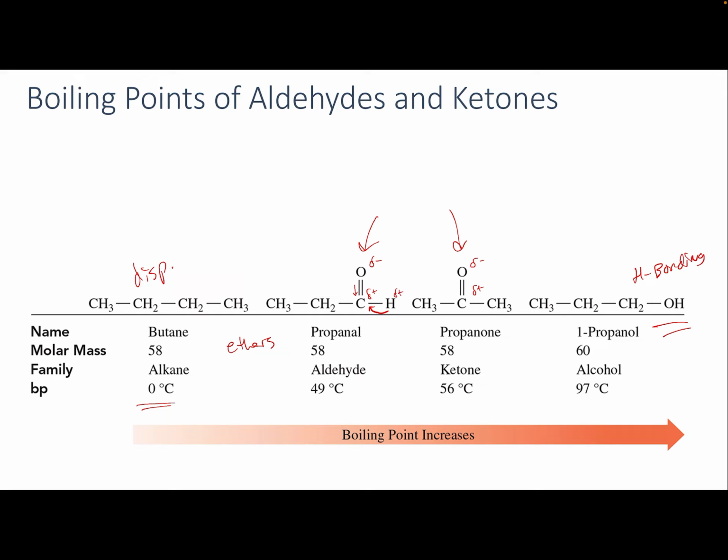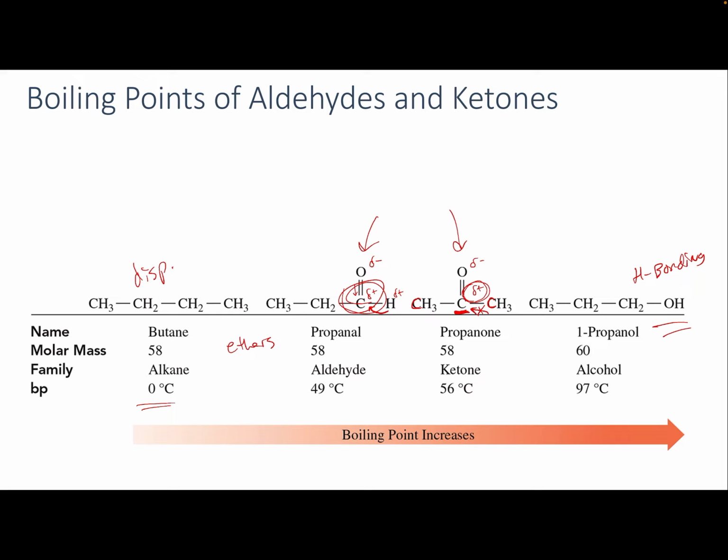But in the ketone, the carbon atoms have the same electronegativity, and so this carbon here in the middle isn't able to get any electrons from these carbons. And so the amount of positiveness is slightly greater than in the aldehyde, because the carbon in the aldehyde was able to pull some electrons from the hydrogen.